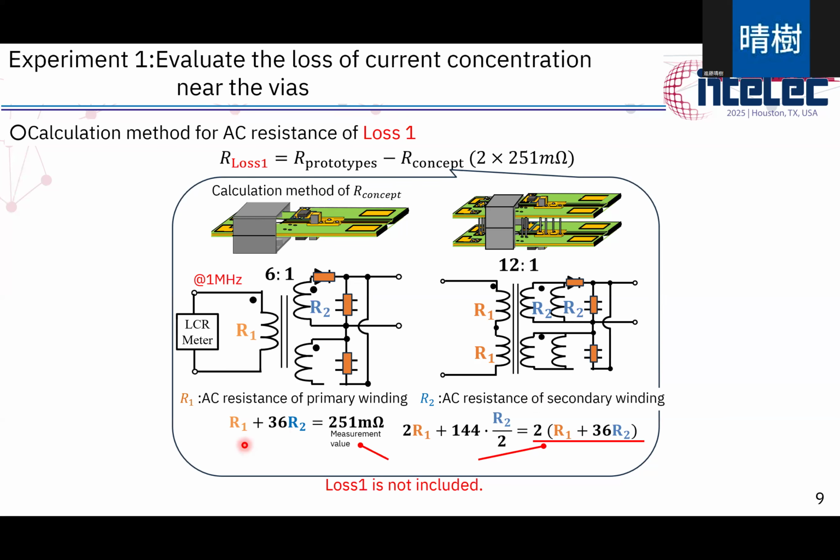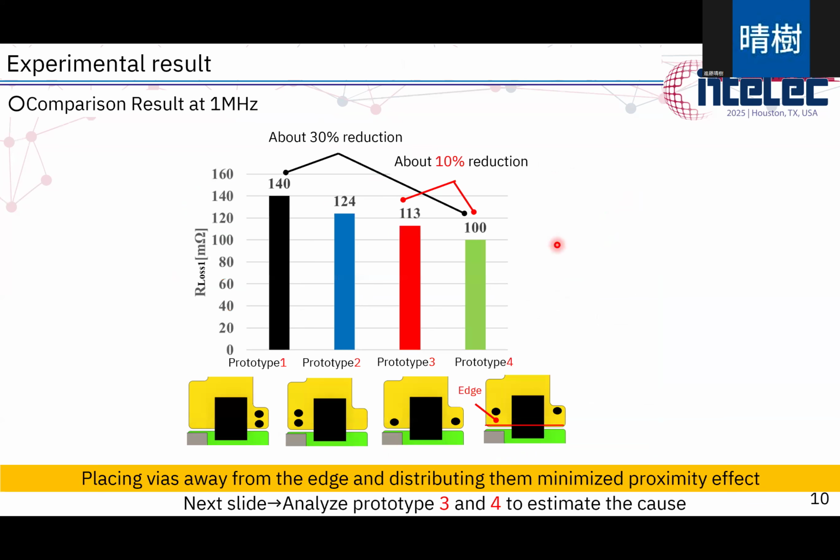R1 plus R2 equals 251 milliohms, and these are the measurement values. We doubled these values, so we can calculate R concept. This is the conversion result at 1 megahertz.